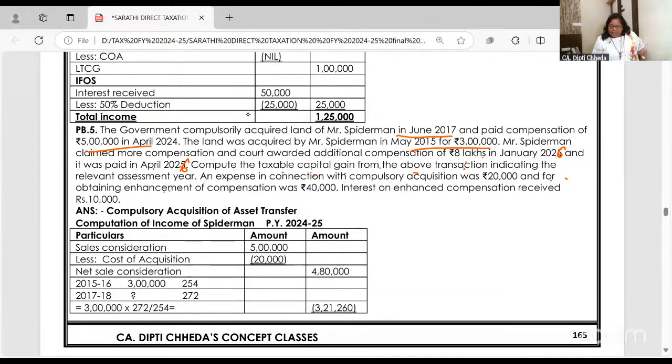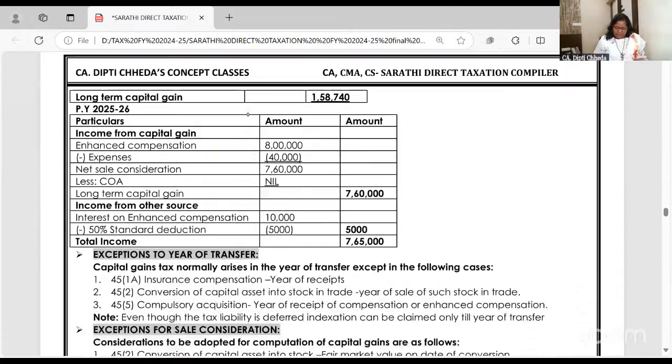Compute the capital gain. An expense in connection with the above is given. Even for enhanced compensation, they have given the expenses. We will deduct that, but the cost will be nil. Even there is interest on enhanced compensation, 10,000. Irrespective of capital gain, interest on enhanced compensation will always be taxable in income from other sources with 50% standard deduction. So, fifth problem, nothing to see in the book.